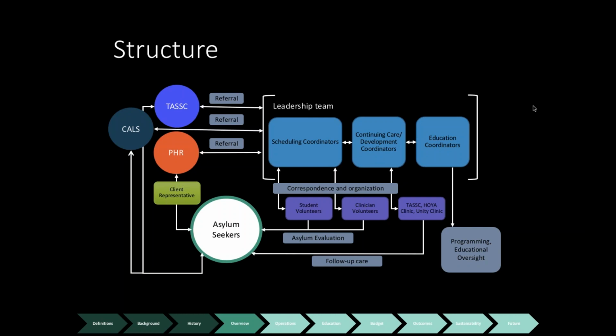That involves several different types of programming that we'll talk about, as well as some educational oversight for developing interest and raising awareness among medical students. And then finally, the advisory board helps oversee and guide the asylum program. So Nate and I both serve on that now in more of an advisory role.